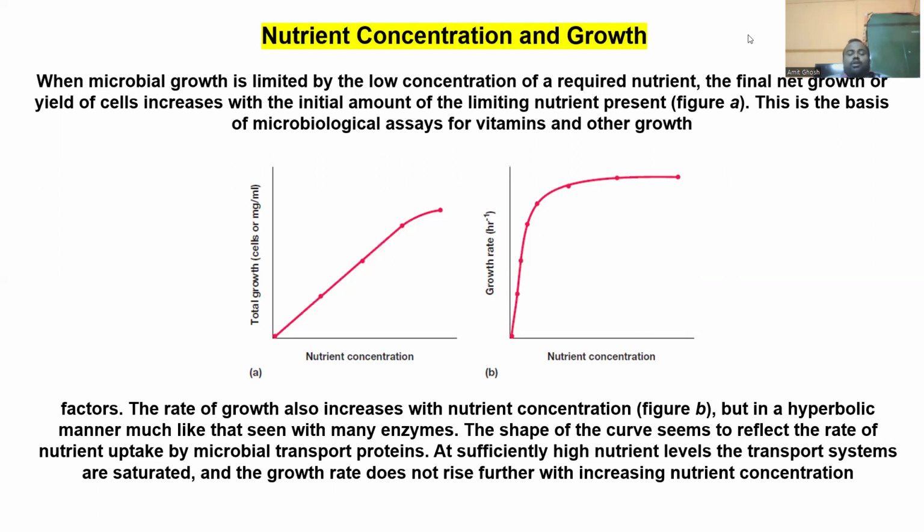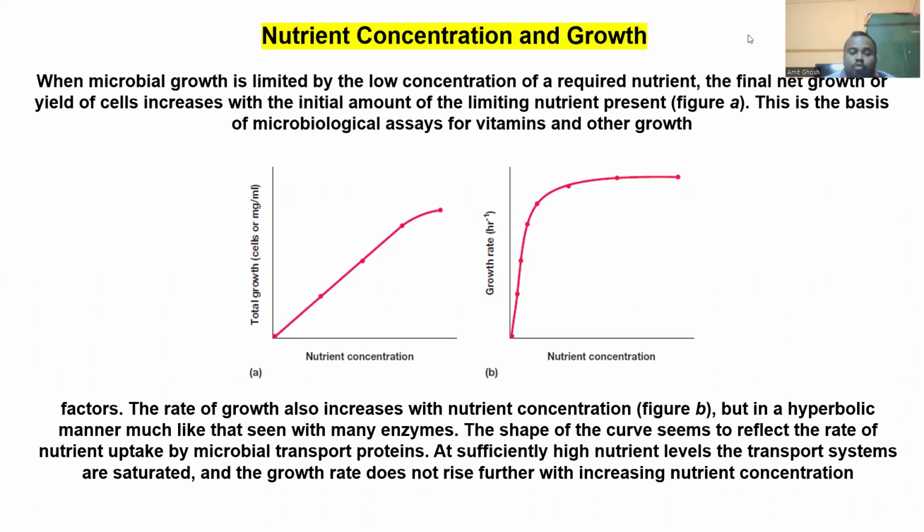When microbial growth is limited by a low concentration of a required nutrient, the final net growth or yield of the cells increases with the initial amount of the limiting nutrient present, and that is depicted in figure A. This is the basis of microbiological assays for vitamins and other growth factors.